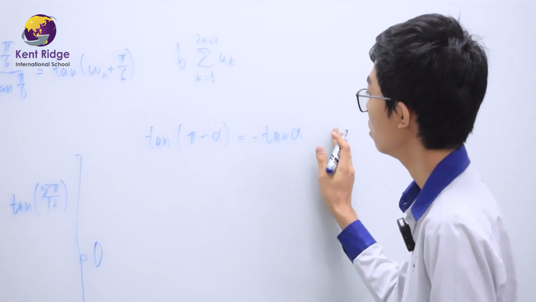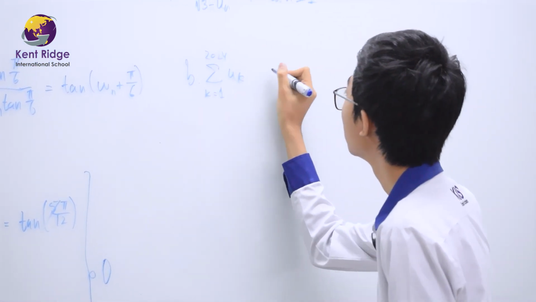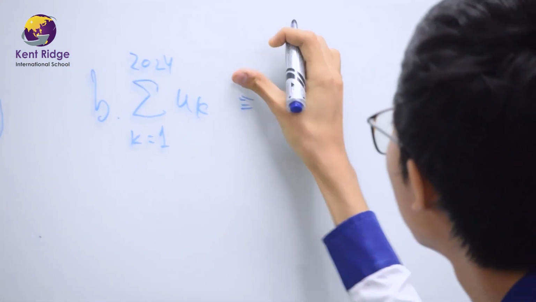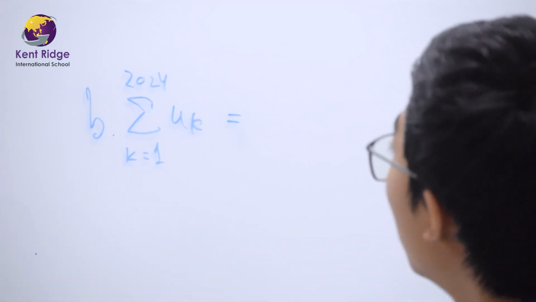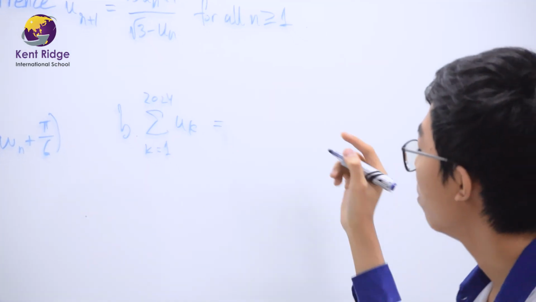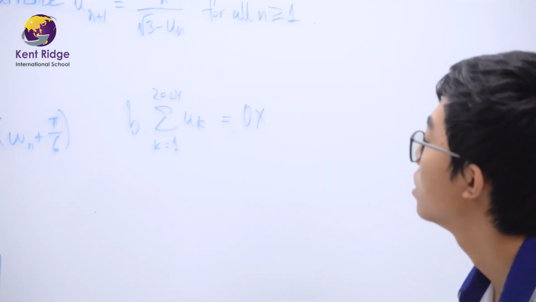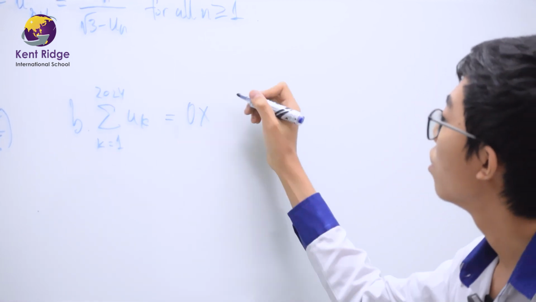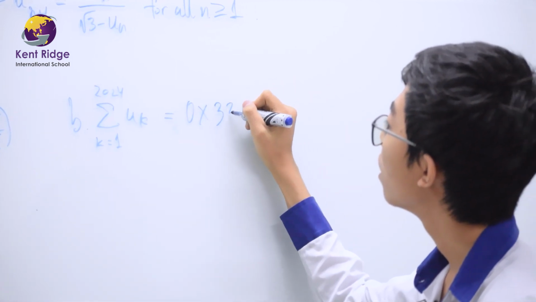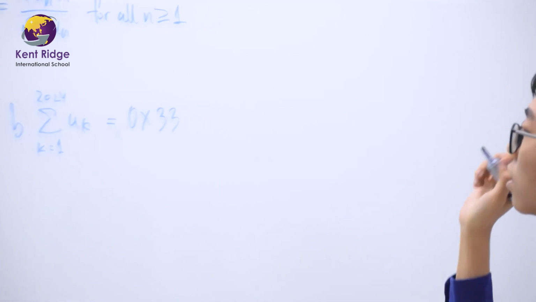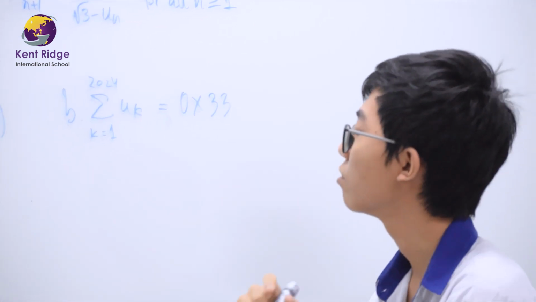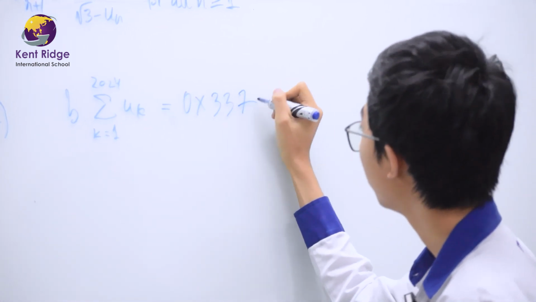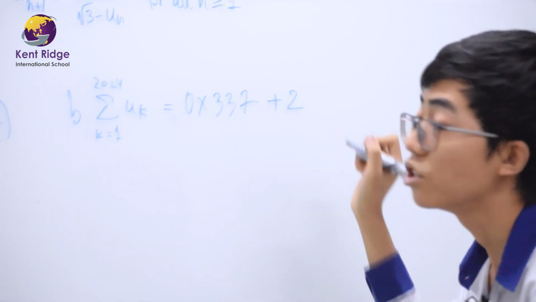So if we turn this into the sum of all of them, we would have 0 times 2024 divided by 6, that would be 337, plus 2.